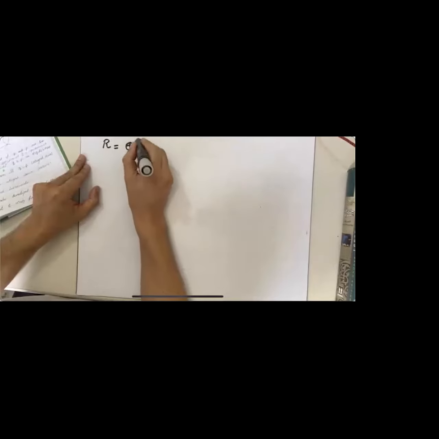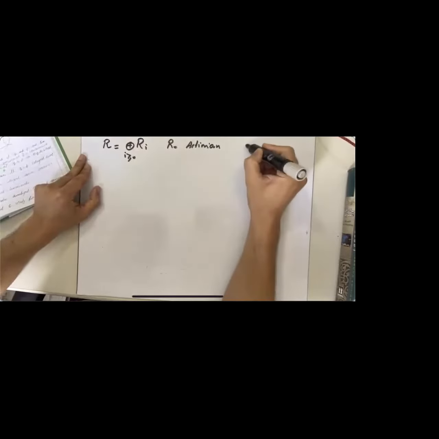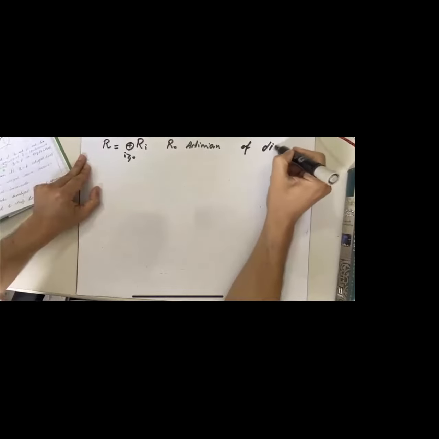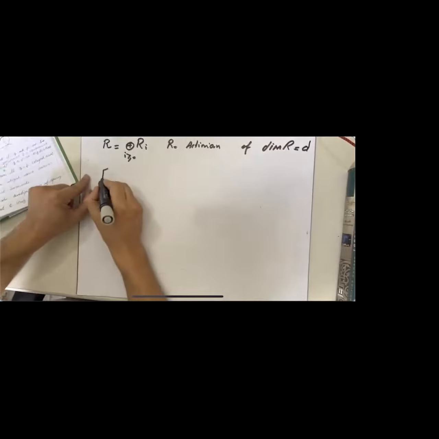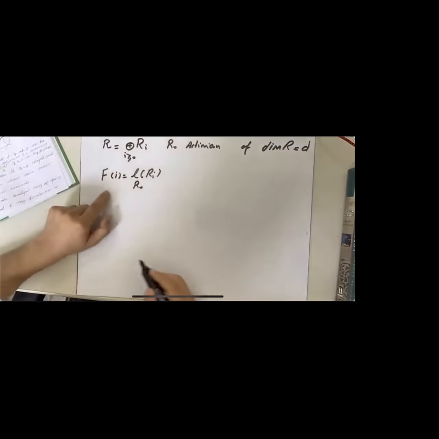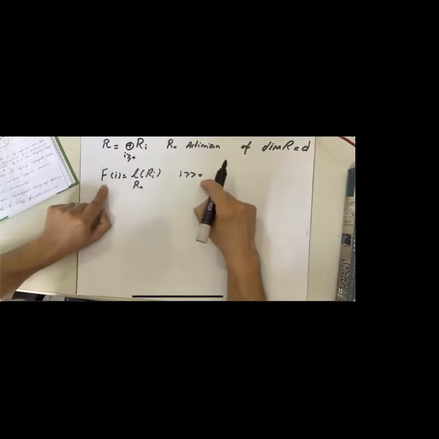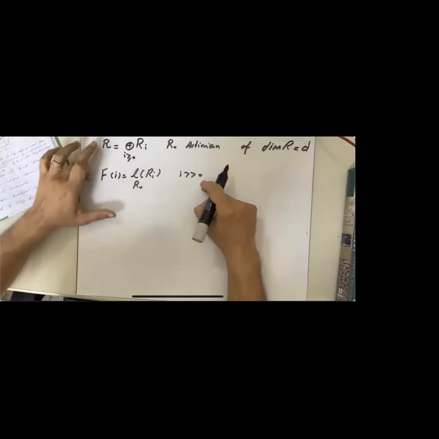So let R be a graded ring or an Artinian ring of dimension d. Then Hilbert shows that the function phi(i), which is the length of R_i as an R_0 module, is eventually a polynomial. This polynomial is called the Hilbert polynomial of this ring.